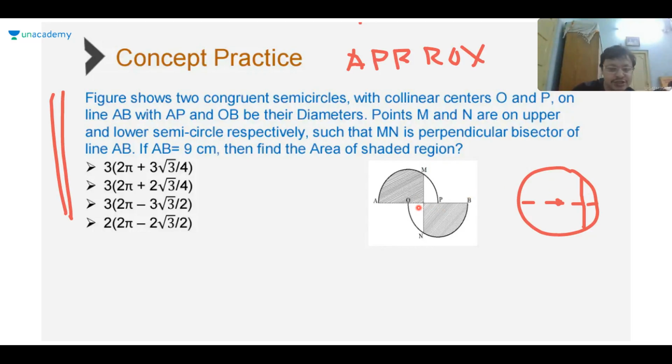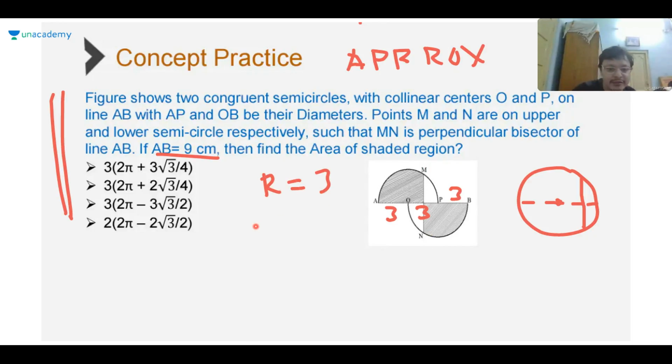If I flip the circle in this fashion, that is two half semicircles together, then I get only this portion which is unshaded. The rest of the circle is shaded. AB is 9 centimeters, which means AO is 3, OP is 3, PB is 3 centimeters, which means the radius of the circle is 3.